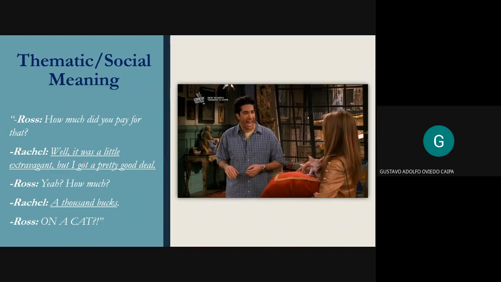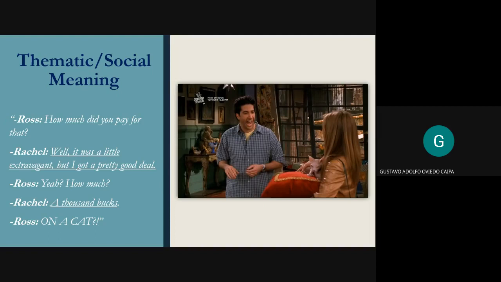So she's beginning the answer by mentioning this information. That means that she wants to make the impact of the second part a little bit less, because she understands that she paid a lot of money for the cat, but she's trying to make the impact lesser by mentioning this information first. It was a little extravagant, right? She's preparing the people that she's talking to, in this case, Ross. She's preparing him for the information that is going to follow.